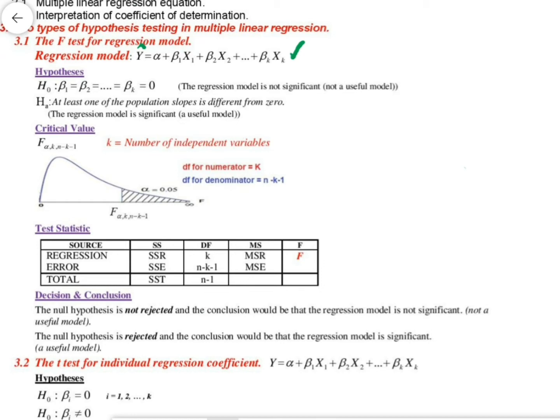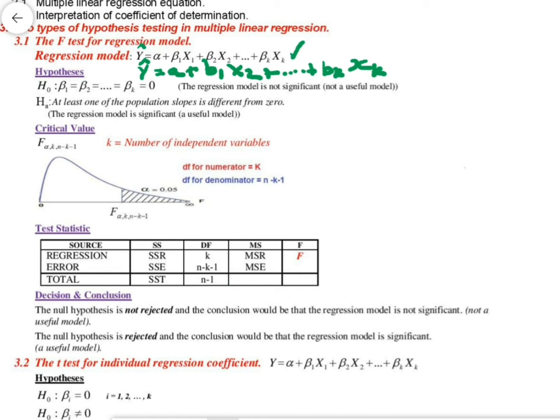The equation for the sample is y hat equals a plus b1 x1 plus b2 x2 plus and so on, bk xk. We know the values of a, b1, b2 to bk exactly.